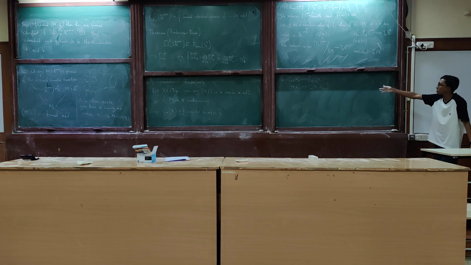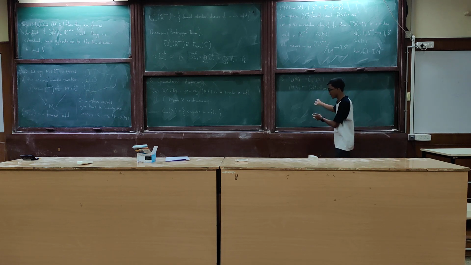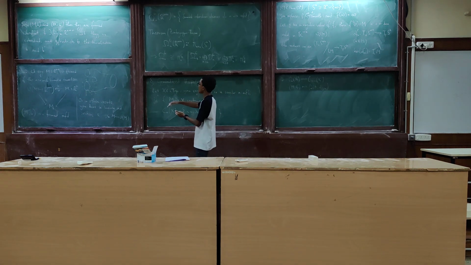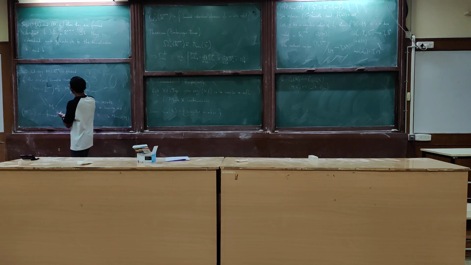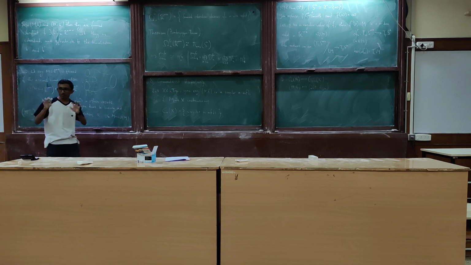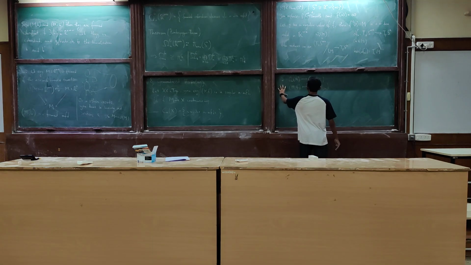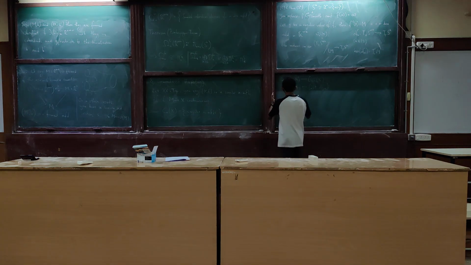So if you apply the boundary operation again, it will be the empty set. Of course the empty manifold is the identity element for the operation of disjoint union which we want. So we have got this map delta.